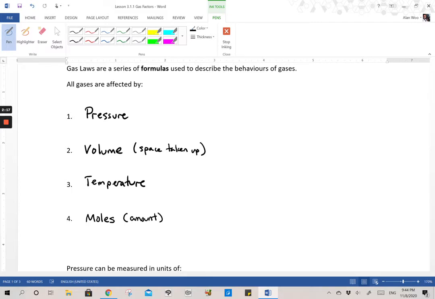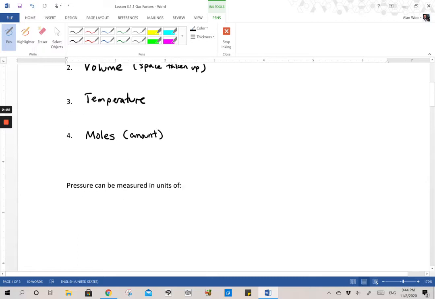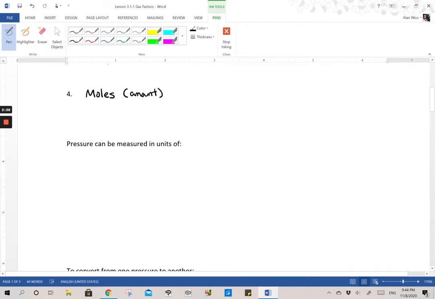Now, since we've started with pressure, let's look at pressure a little bit more closely. Pressure can be measured in several units, and you have been exposed to one already. You know the unit kPa. kPa is kilopascals.